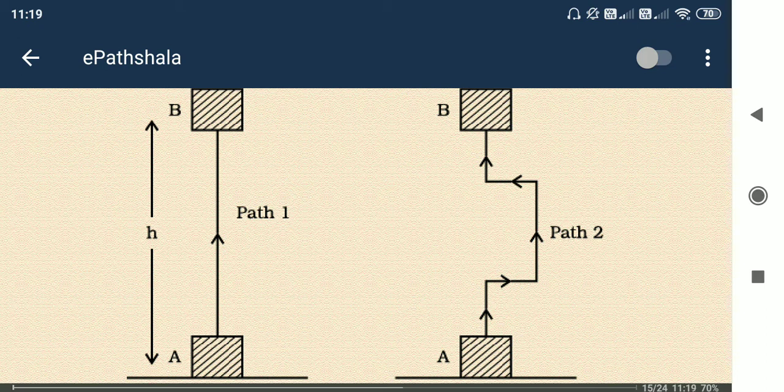But the ultimate height is h, so it does not depend on the path by which the body is taken. The potential energy will be the same in both cases. So we need to measure the height from the ground in a straight line.